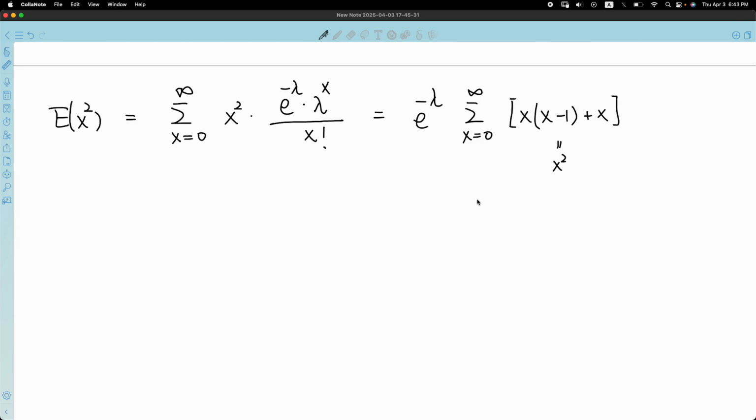This is still x squared, multiplied by lambda to the x over x factorial. It does not alter the value here. I'm just writing x squared in another way, as a sum essentially. Next, let's expand the thing, and later you will see why I write x squared in terms of this.